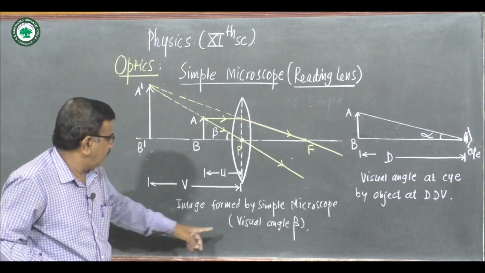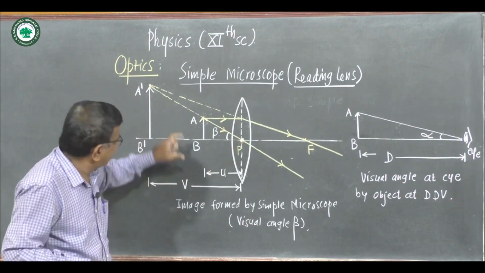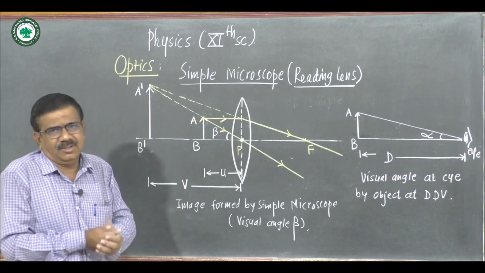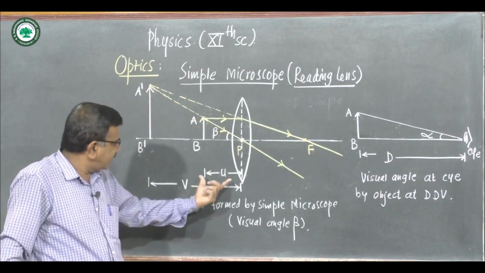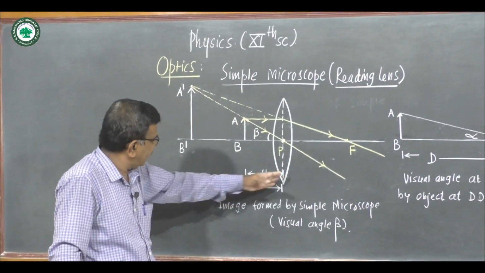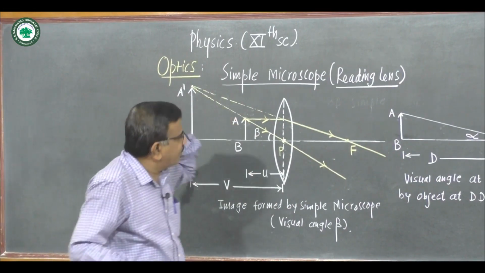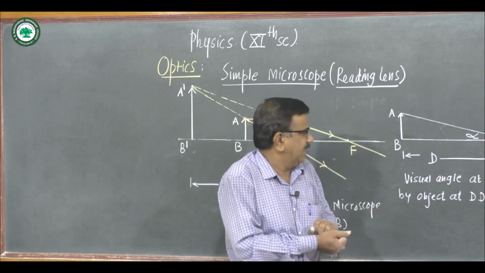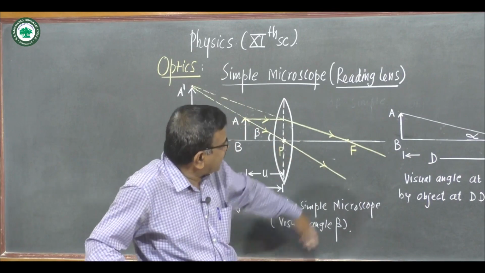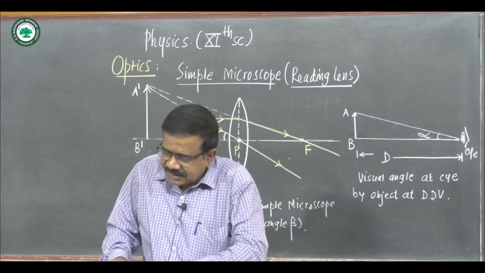Beta is the visual angle of the image at the eye. It is also a visual angle of the object at the eye. P is the pole of the lens, u is object distance, v is image distance. If the same object we see directly without using the lens, its observed size is maximum when it is placed at distance of distinct vision, that is d.